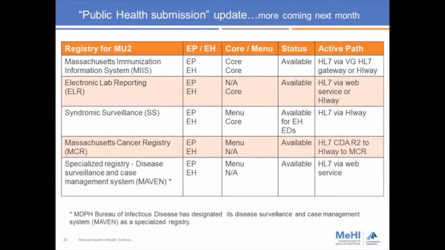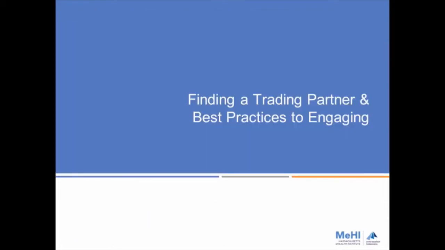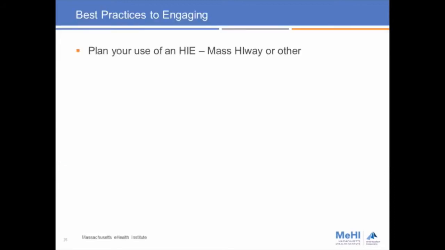So let me do a final wrap-up here around this world of HIE. As we've all alluded to, it requires some interaction with organizations outside of your network frequently, certainly inside your network, but the real goal is to get outside your network to organizations you don't normally exchange with electronically. Certainly some things to consider, and this is kind of the finding a trading partner and best practices for exchanging section.